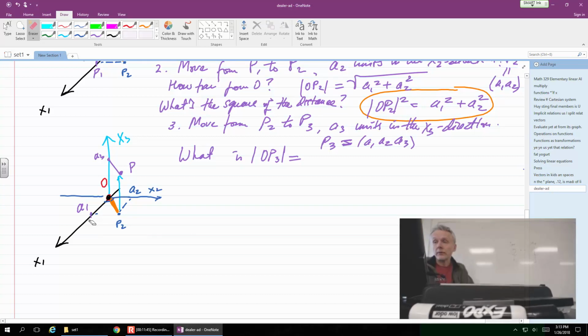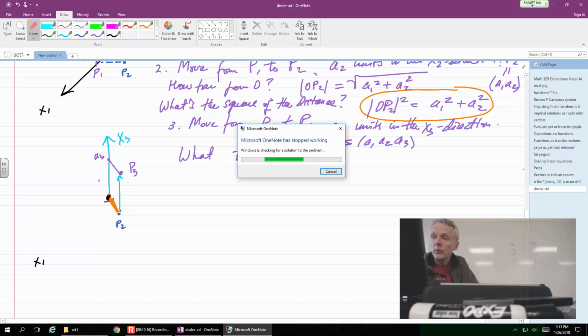Actually, I don't need this axis anymore, or that axis for that matter. We only care about the distances, and one of the distances we already know: the distance from O to P2, from the previous step. We also know how far from P2 we went to the point P3. So the picture is complete. As far as finding the distance is concerned, we don't need anything else.